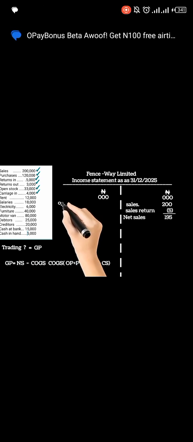Then we go to the other side to prepare the cost of goods sold, and the item we need is the opening stock. The opening stock is 33,000 naira. The next item we need is the purchase, and purchase is 120,000 naira.